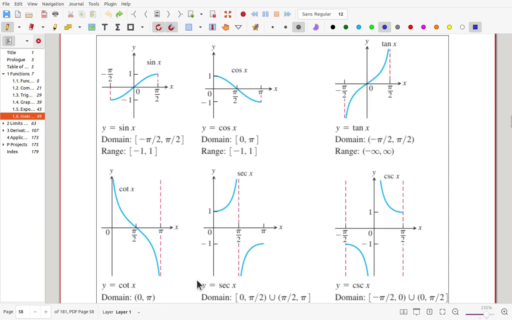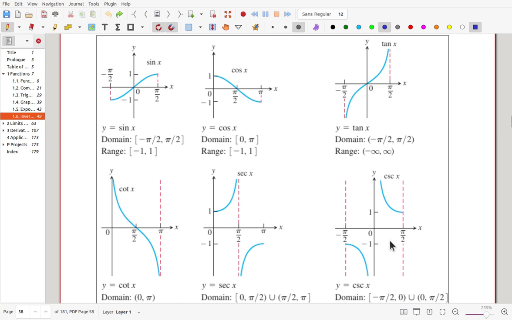But if you use horizontal lines, then in the domain, the horizontal lines will meet the graph only once, so it is one-to-one. So you can define its inverse.